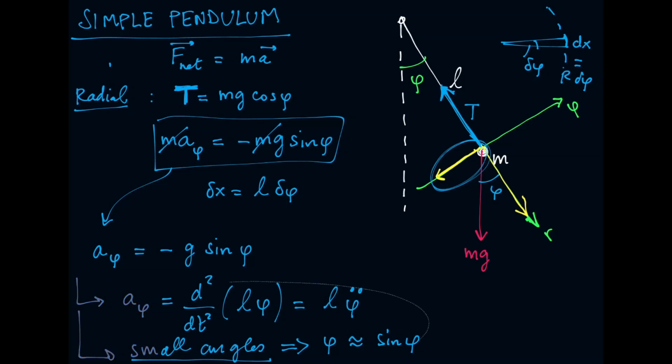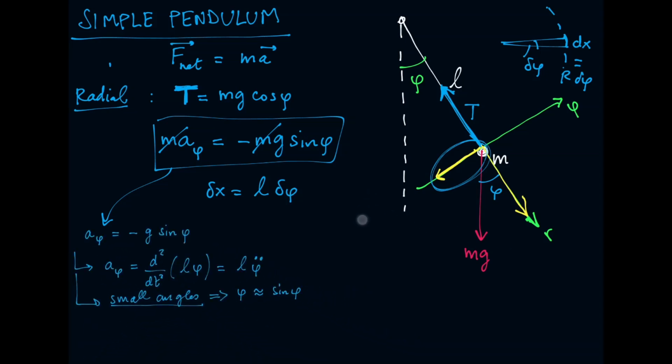Then, let me zoom out a little bit. Then this equation, which was none other than F equals ma, I can actually rewrite in the more interesting form: L phi double dot is equal to minus g phi.